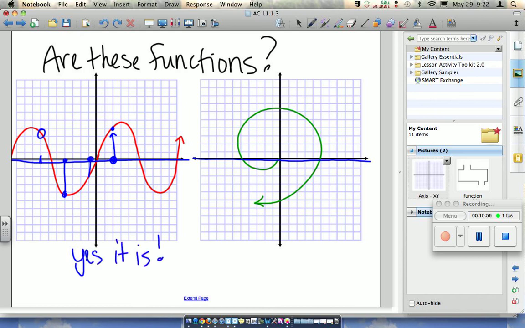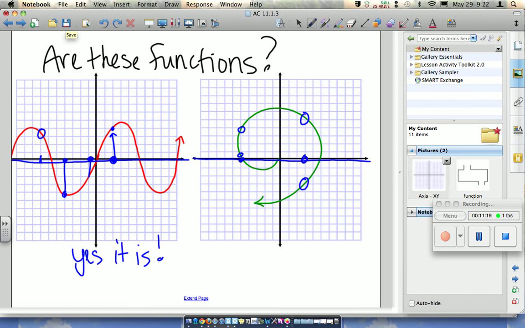But the other one, let's take a look at this one. This is still a relation. It's kind of like a spiral, we could call it. And if I plug in this right here, I will get 2 answers. If I plug in 3, I will get this or this. It's not functioning correctly. Whoa, which one am I going to get?